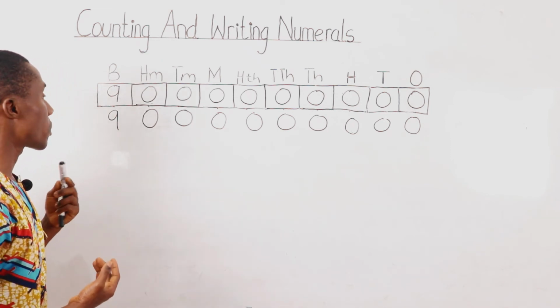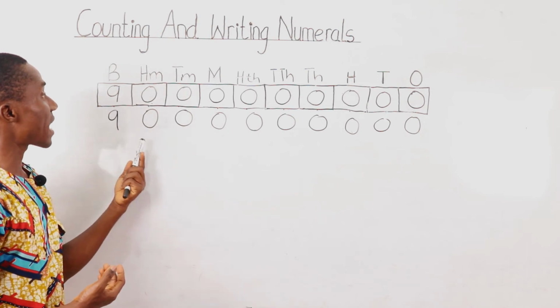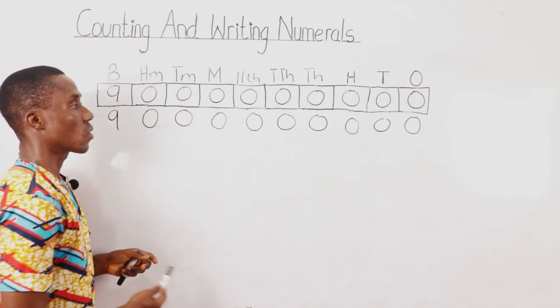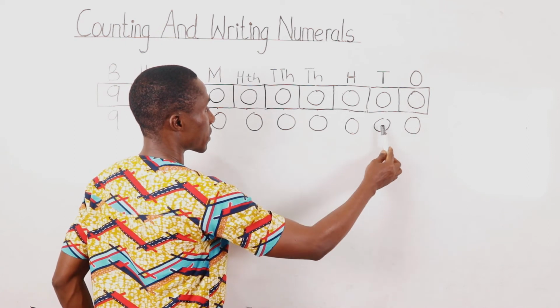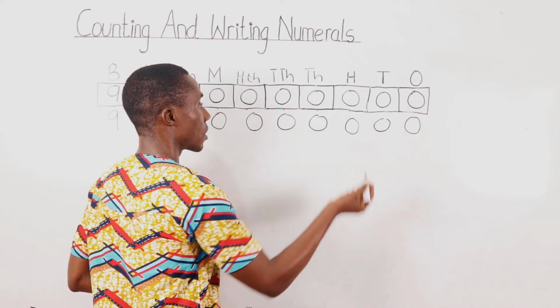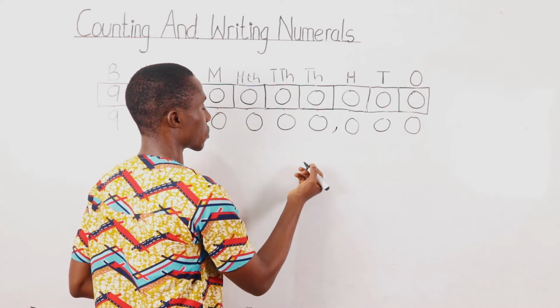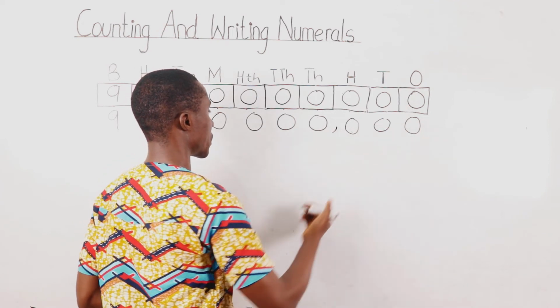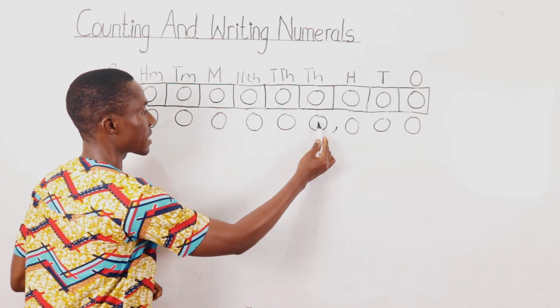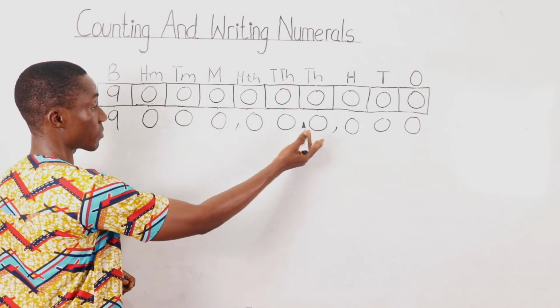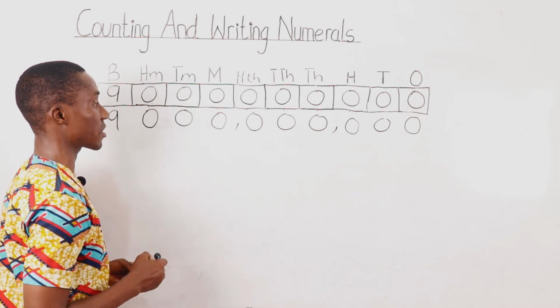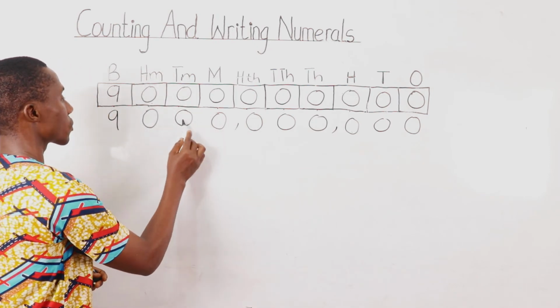So for example, this 9 billion, we are going to count from the right hand side. 1, 2, 3. We'll put a comma here to separate the 3 digits. We'll count another 1, 2, 3. We'll put a comma here to separate the next 3 digits. We'll count 1, 2, 3.